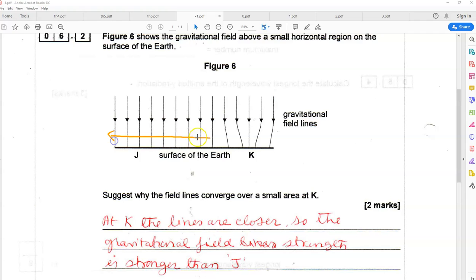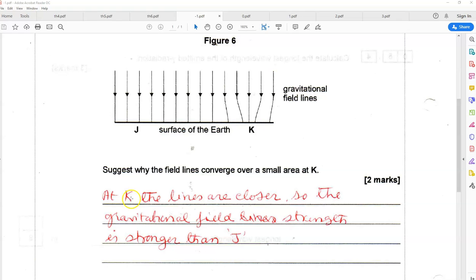We call this a uniform or constant gravitational field strength. Whereas here, if you compare with this part of the figure, they're close by. So obviously, the gravitational field strength here is stronger compared to the other part of this image. So you can write that at the point K, the lines are closer, so the gravitational field strength is stronger than at J. J is the other part of the graph.